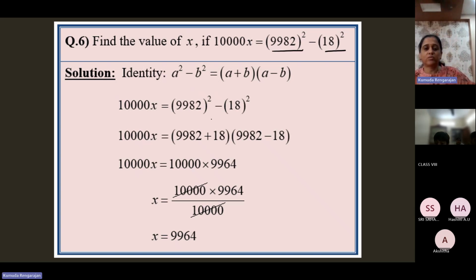A squared minus b squared, so a plus b into a minus b. When you add, you get this. When you subtract, you get this. And then this comes for division, cancels, and x is equal to 9964.